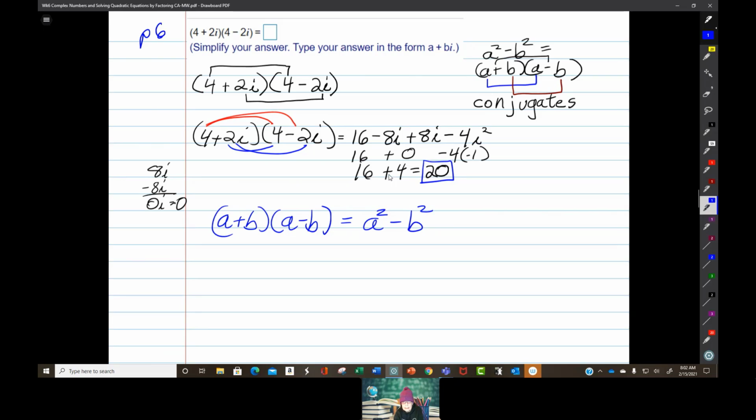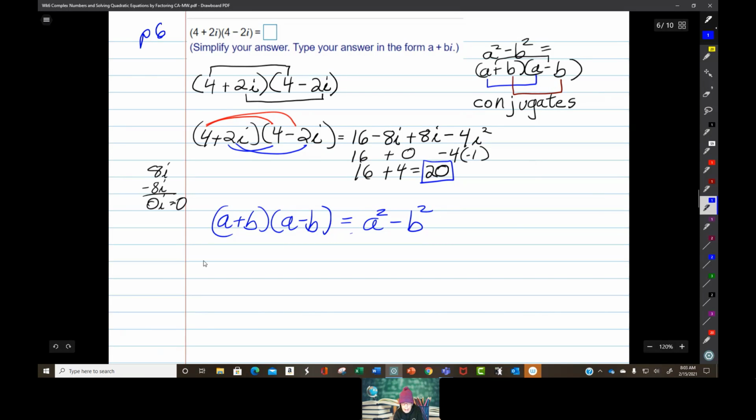Now here we had a plus. What do you mean by that? Well, negative 4. Oh, right. We got 16 minus 4i squared, which gave us 16 plus 4.